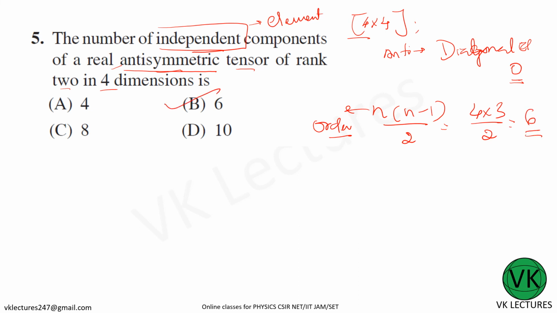Now suppose instead of anti-symmetric, this was a symmetric matrix. Then it would be n into n plus 1 divided by 2.